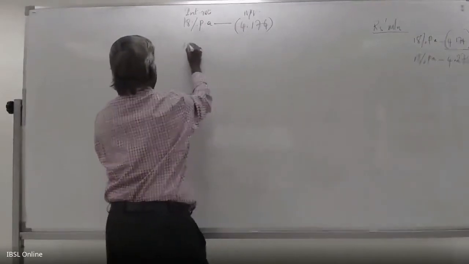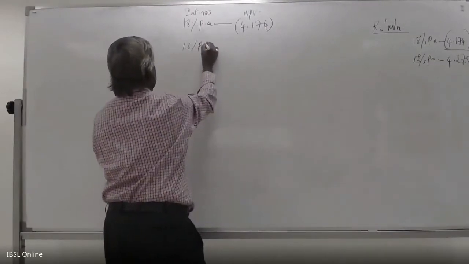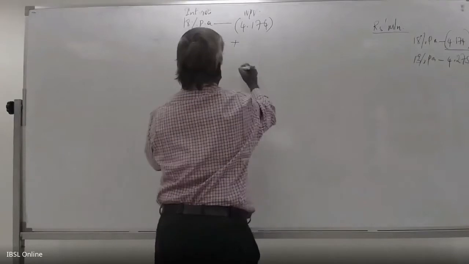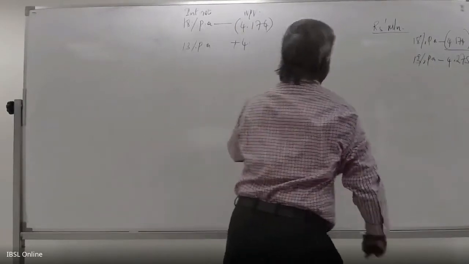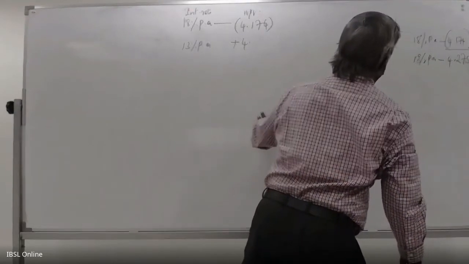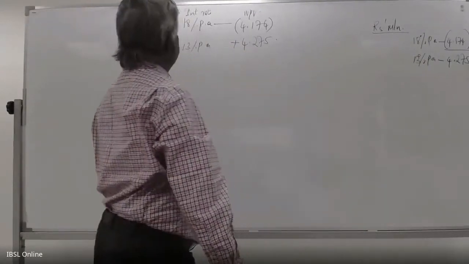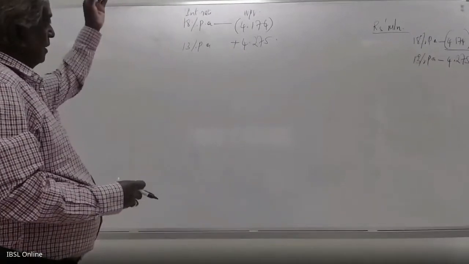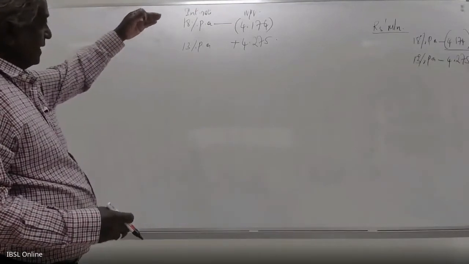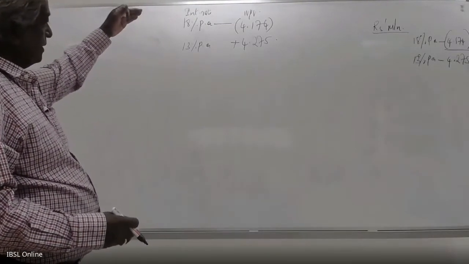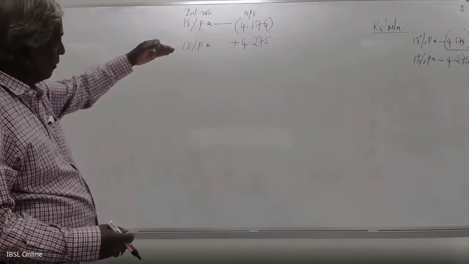At 13%, it is positive 4.275. So from 18, it is negative. When the interest rate is reduced, it becomes positive.